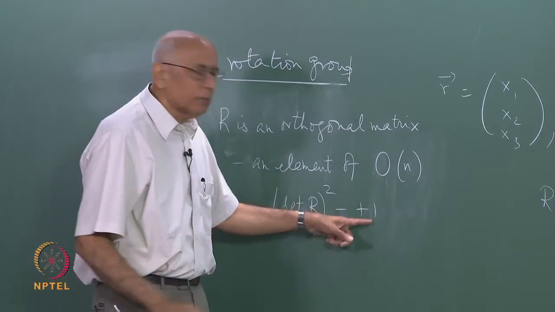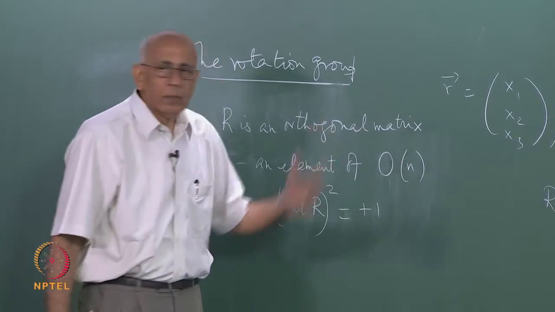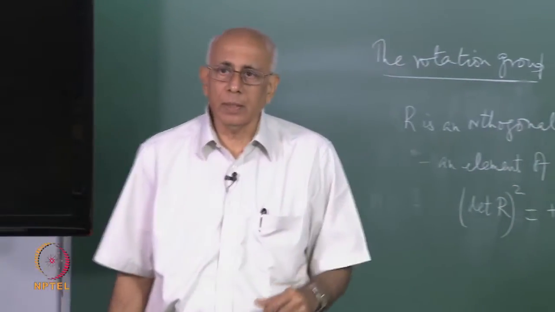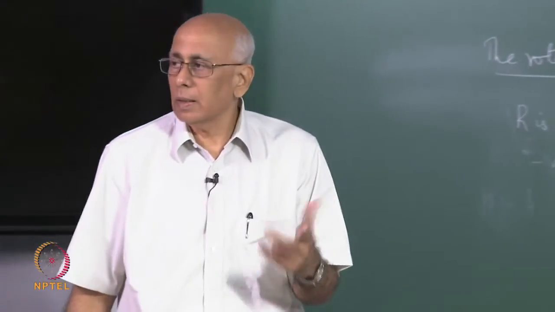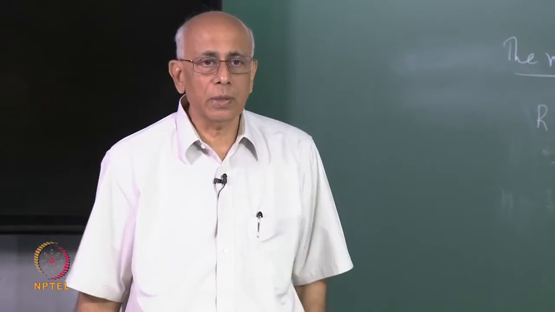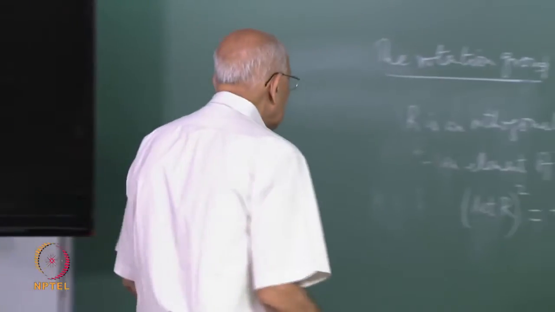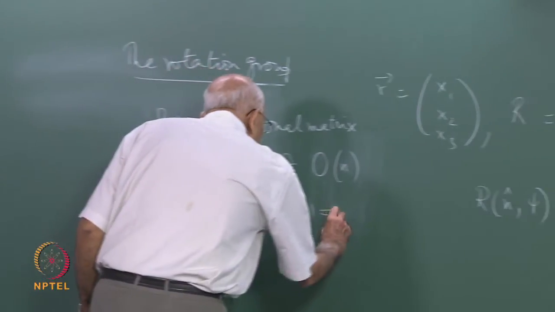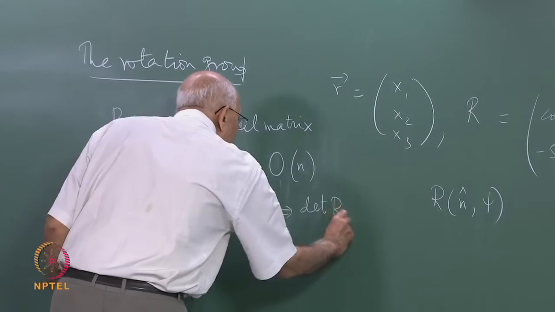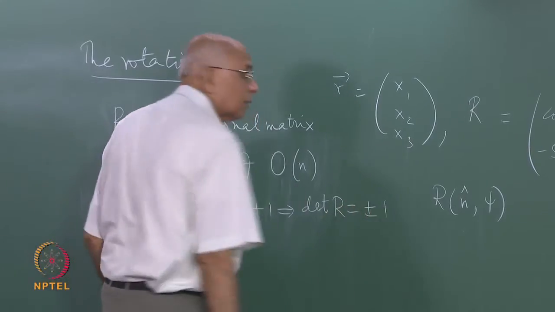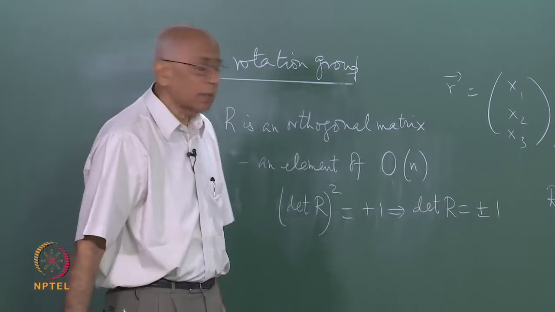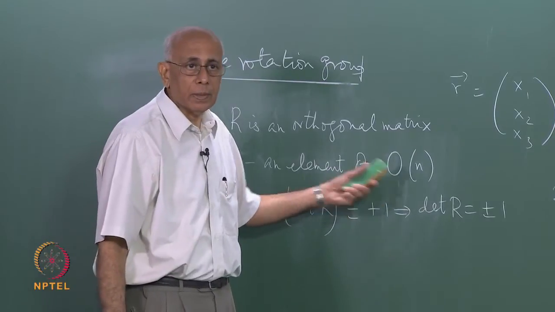That is the determinant of the unit matrix, and the determinant of r transpose, of course, is the same as the determinant of r, because a matrix determinant does not change if you interchange rows and columns. So this implies that determinant r equal to plus 1 or minus 1. 2 possibilities, and they are both included here.